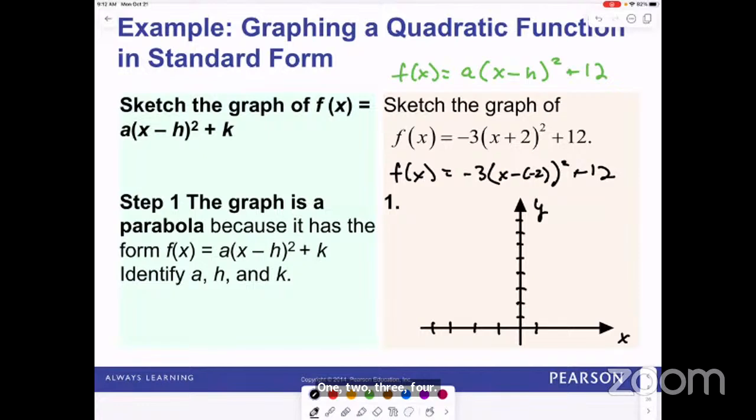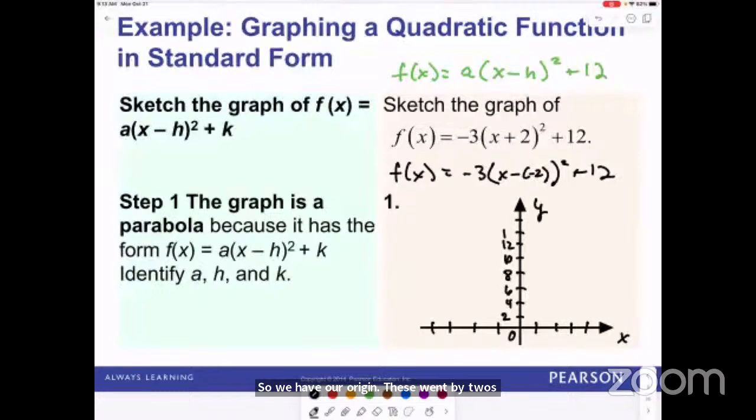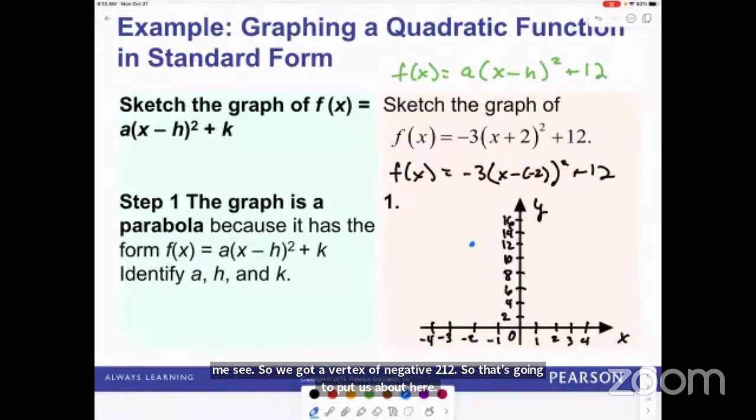So we have our origin. These went by 2s. And these went by 1s. Okay. Let me see. So we got a vertex of -2, 12. So that's going to put us about here. So that means that this is going to be our axis of symmetry or axis of the parabola.